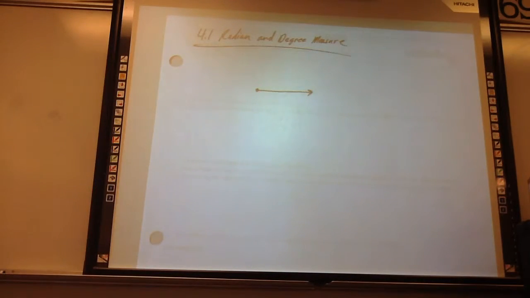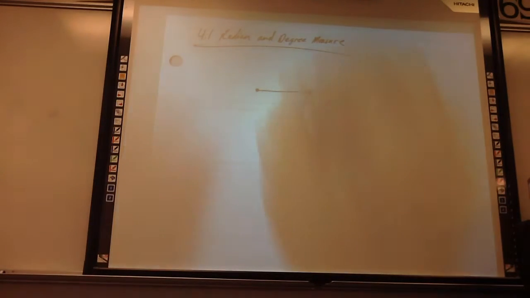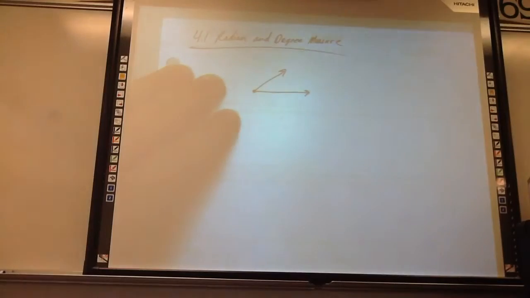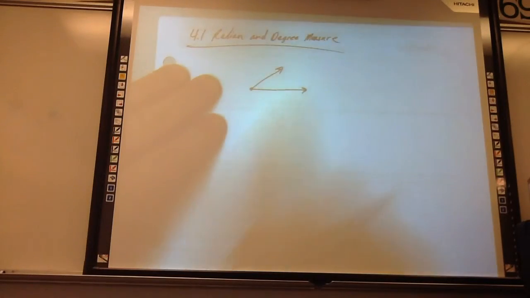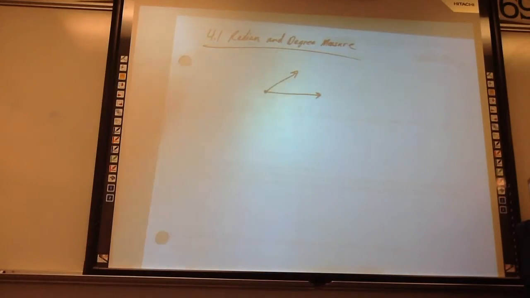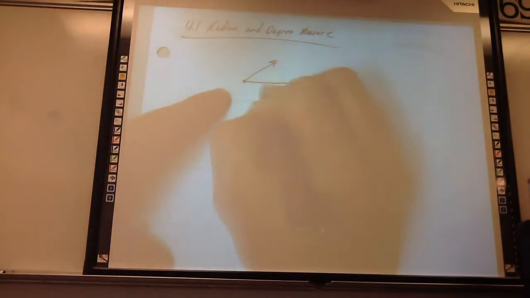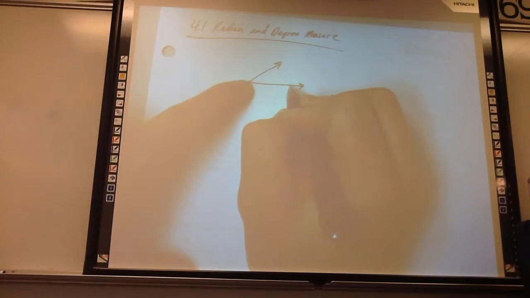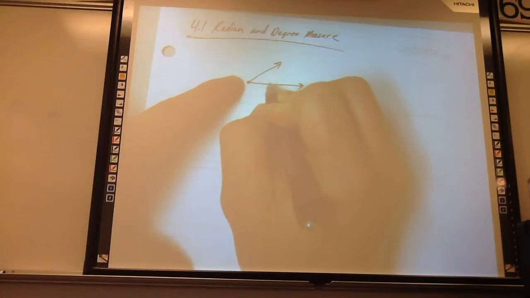Geometry. When we're talking about the measure of angles, you're going to start with a horizontal ray going to the right, and the angle's going to open either up or down. This is the confusing part. If I take this ray and grab another ray and rotate it up, I've created an angle.